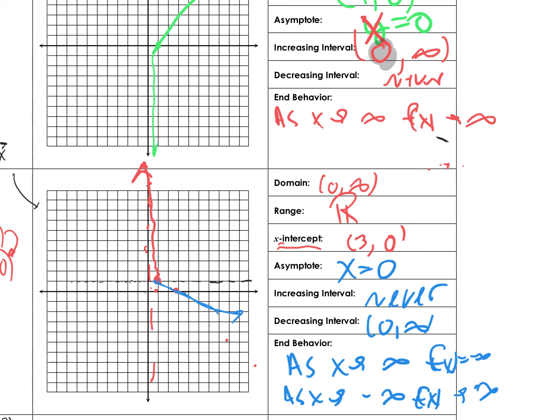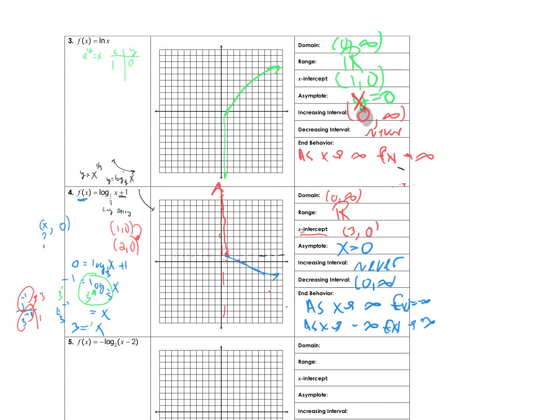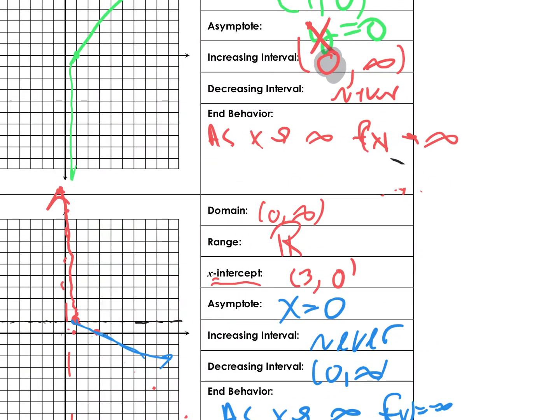Does x ever approach negative infinity? No. I guess it's the same kind of idea. As x approaches to the left, f of x is going up. But again, I don't think he's going to let me do that because I'm truly not going there.